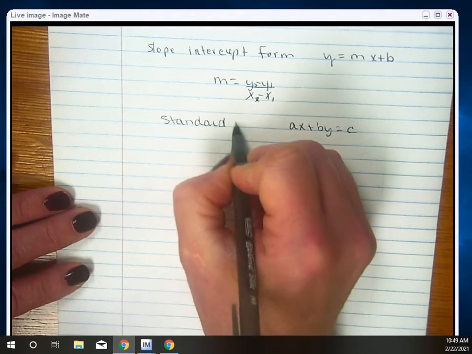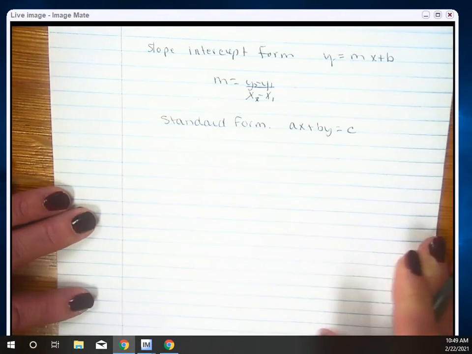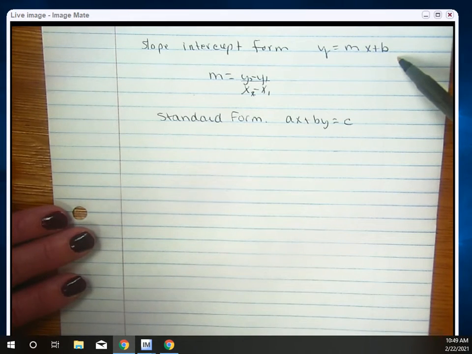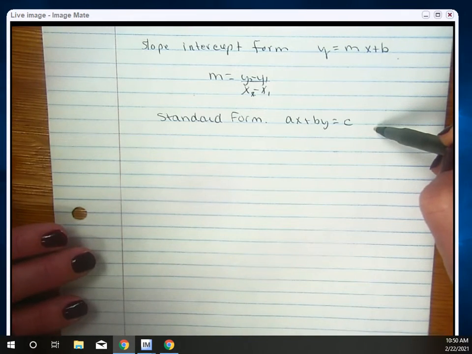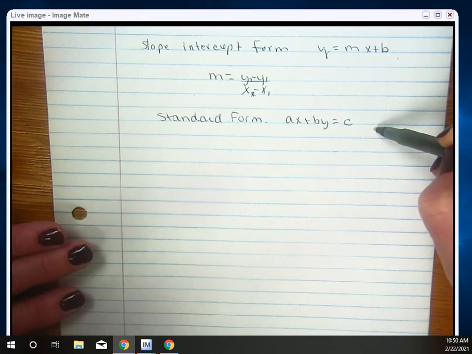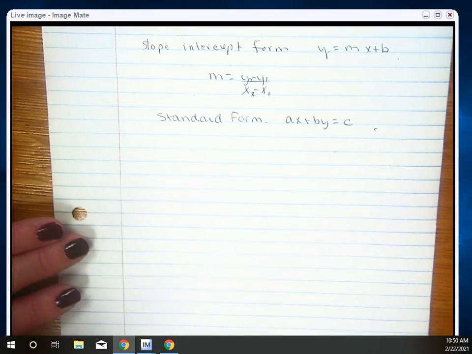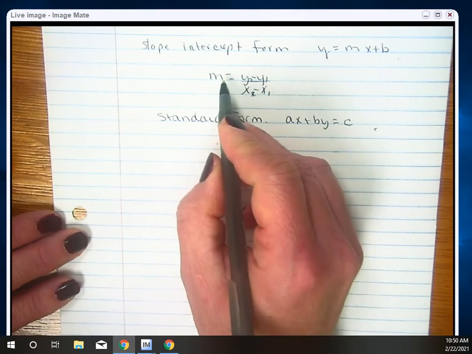You guys are faster than I am. Okay, what is slope-intercept form? Y equals mx plus b. What is standard form? Ax plus by equals c. What is point slope form? Point slope is where you've got your m.